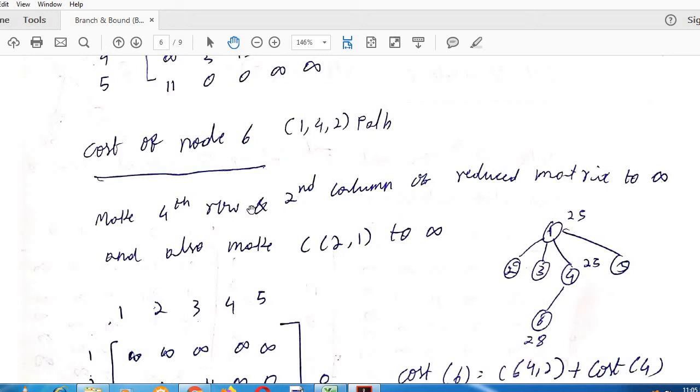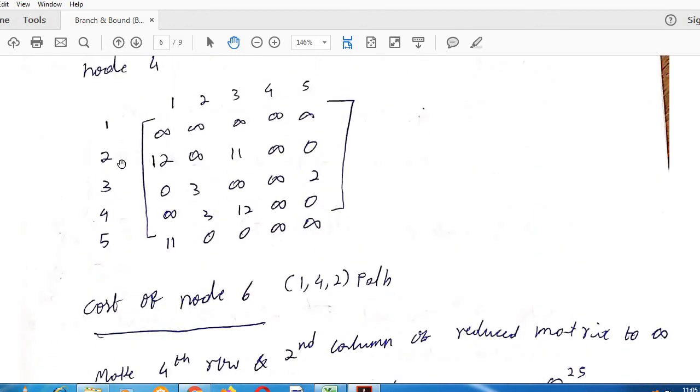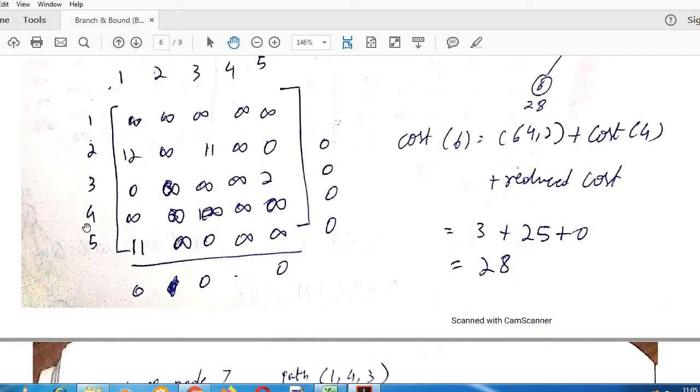I will make the fourth row and second column of the reduced matrix infinity, and also make entry 2,1 infinity. So the second row and first column entry will be infinity, and the fourth row and second column elements will be replaced with infinity. As you can see, the fourth row and second column elements are replaced with infinity.